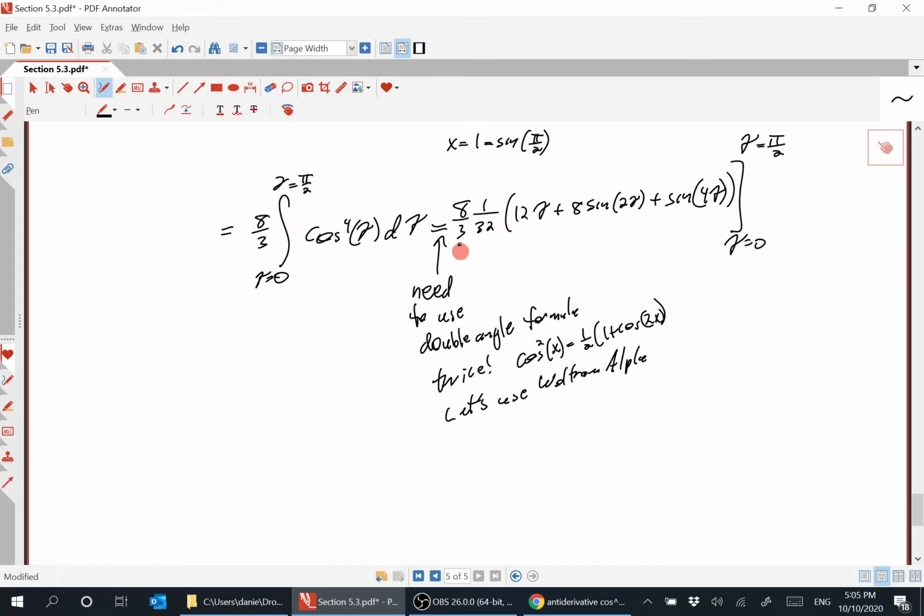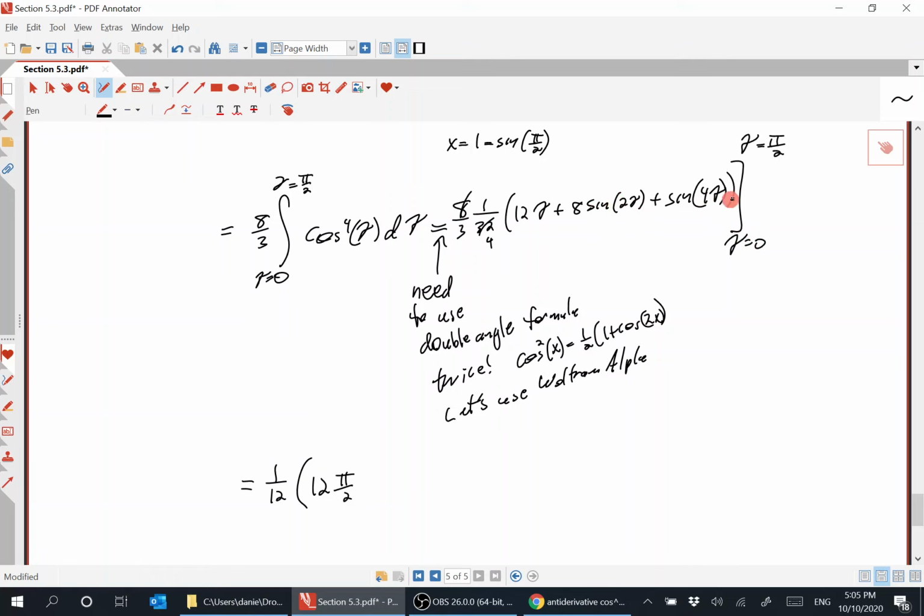Alright, so this becomes 4, so it's 1/12. So 12 gamma from 0 to pi over 2 is just 12 pi over 2. And then this is 0, right? Because sine of pi is 0, and sine of 2 pi is 0, and sine of 0 is 0.